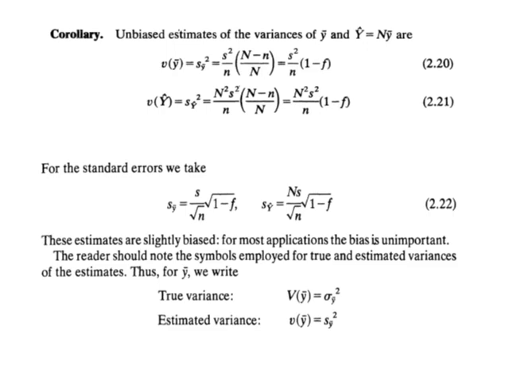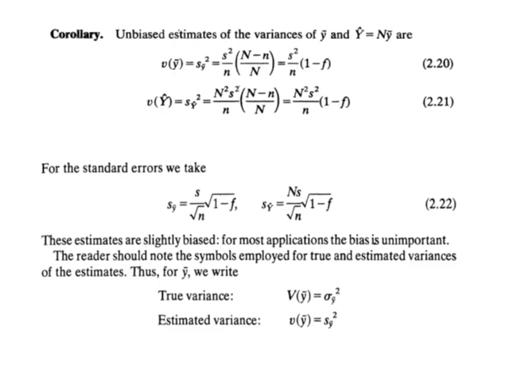Again, for y hat, we can substitute in the previous theorem to get the estimated variance of y hat equal to capital N square s square over n times (capital N minus small n) over capital N, which is equal to capital N square s square over n times (1 minus f).